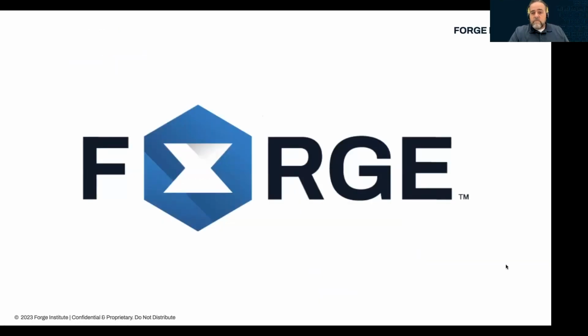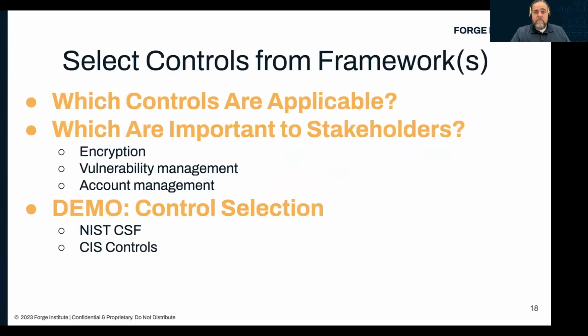So from that, we have a whole lot of controls that we can pull from. There are, I want to say, 12 families or so in the cybersecurity framework, and you saw the controls in the Center for Internet Security. There are 18 of them, which equate to the families in themselves. There's a lot of stuff to do here, and a lot of stuff that may not be applicable within your organization.